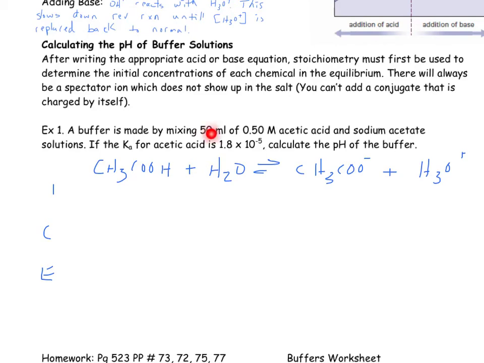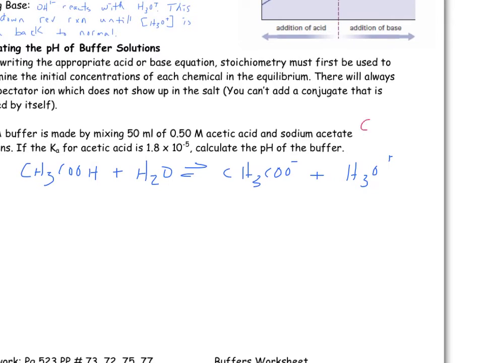Because we are adding two solutions together, we can find the initial concentrations of both the acetic acid and the acetate by pretending that this is a dilution and using the equation from grade 11, C1V1 equals C2V2. Where V2 would be 100 ml because we're adding 50 ml of each solution.